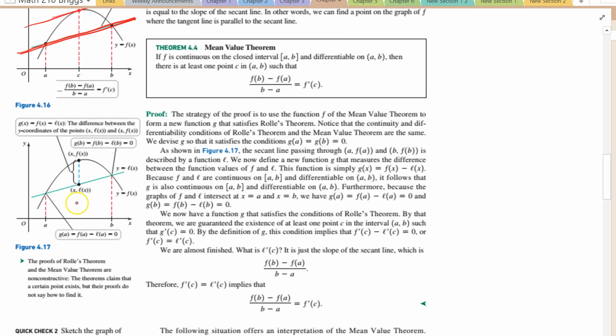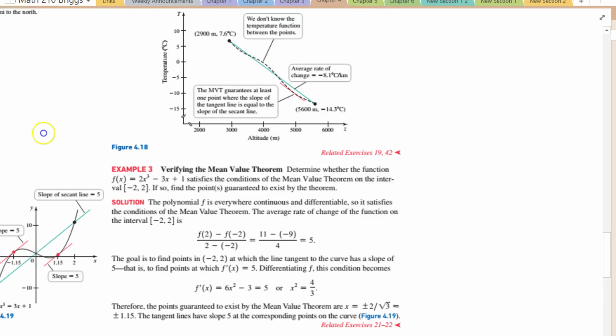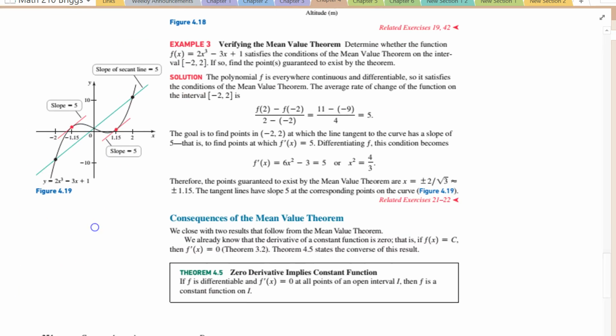Algebraically, you find that point by taking the derivative and setting it equal to the same slope to find the exact point. If this is the average rate of change between the two black points, then there exists at least one point in between at which the slope is equal to the average rate of change.